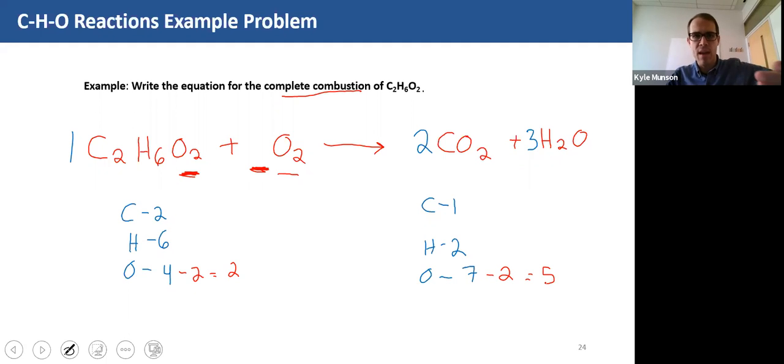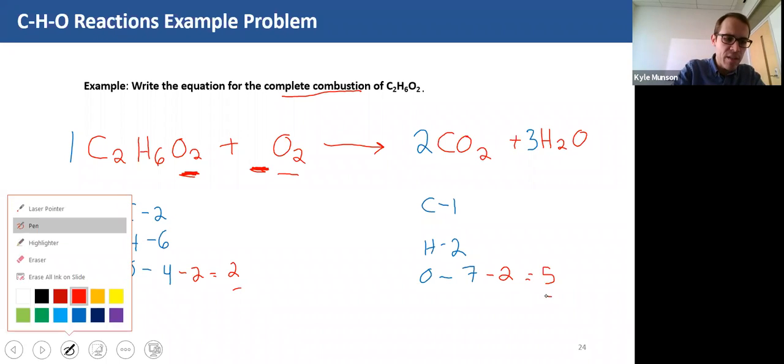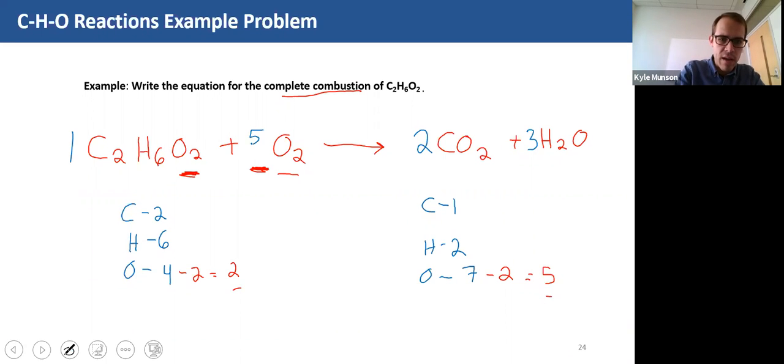Again, because I don't want to put the fraction in front of the compound, I want to put it in front of the elemental oxygen. So I am getting rid of those oxygens on either side of the equation, okay? So now, remember for fractions, now that I have the 2 there and the 5 here, the fraction that I'm going to use is 5 halves, all right? And the 2's are going to cancel out here, if you think about it that way. This 2 is going to cancel out with that 2.